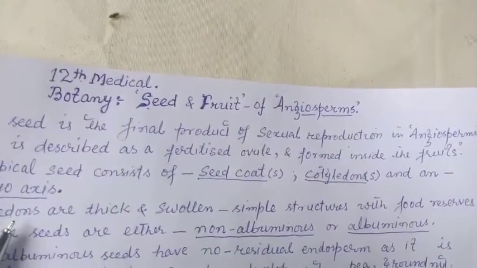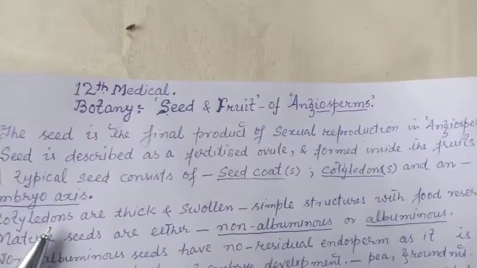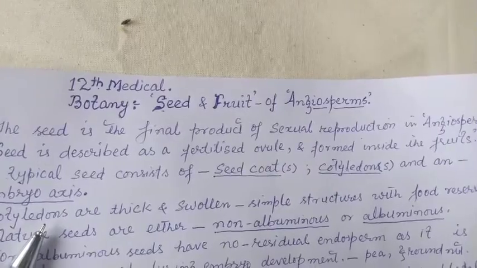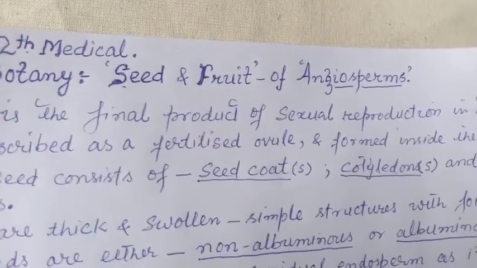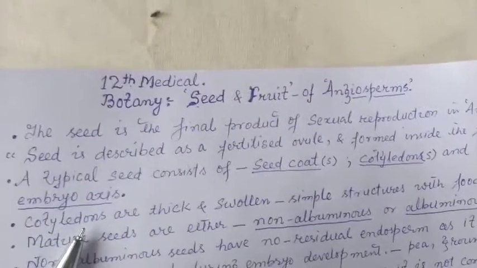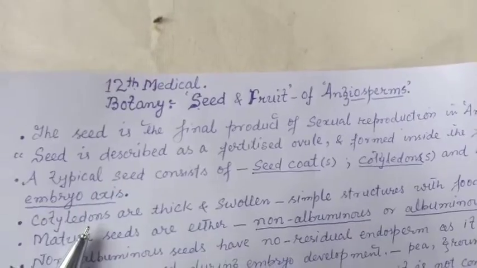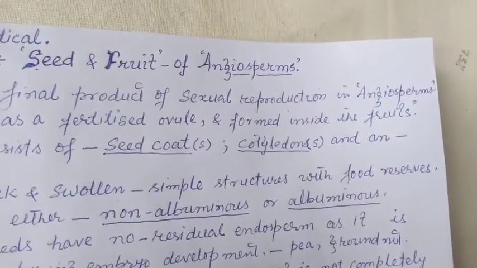You must be remembering the structure of embryo sac and the pre-fertilization events, and then the process of fertilization, wherein most of the angiosperms follow the double fertilization. And now the seed is described as a fertilized ovule and formed inside the fruits.